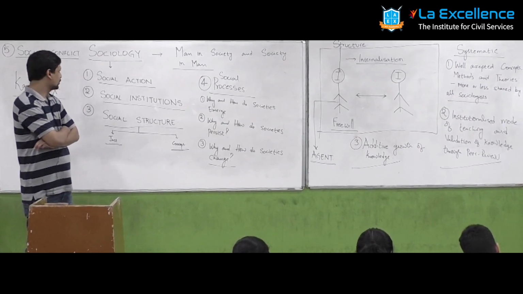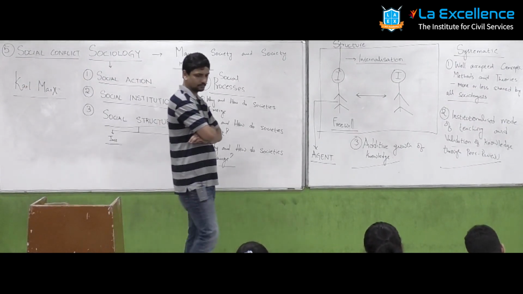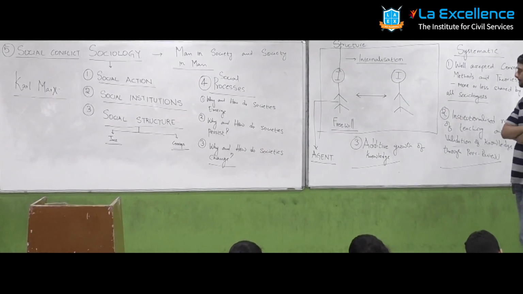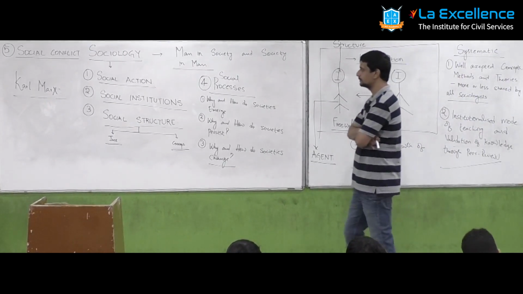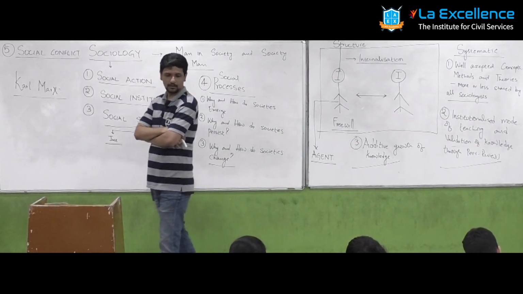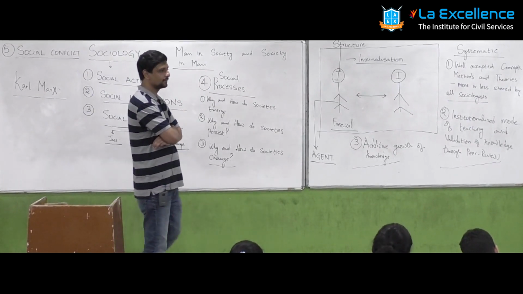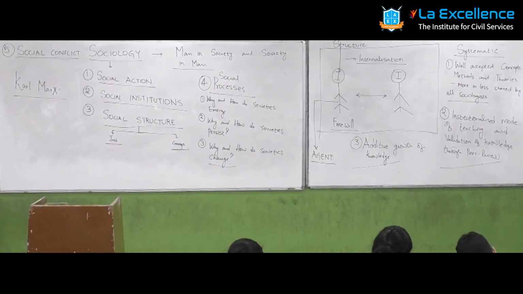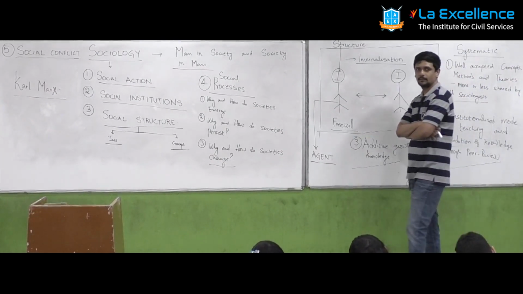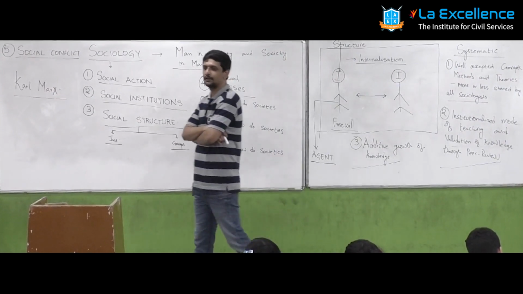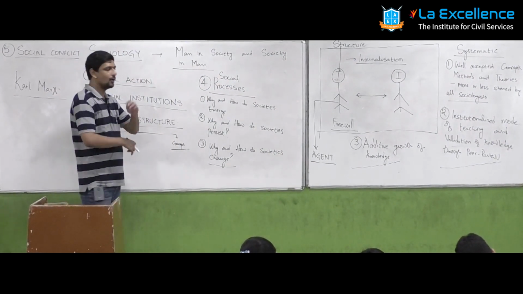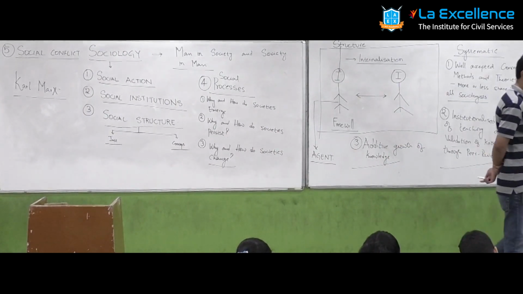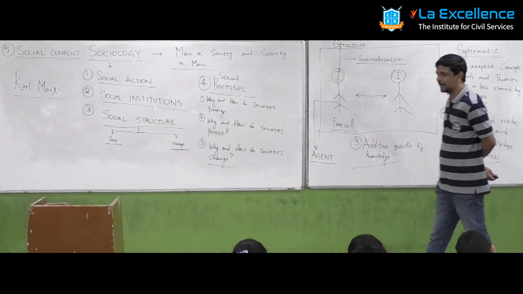Then next one, sociology as the study of social institutions. A social institution means a form of patterned interaction between individuals, which repeats over a period of time.